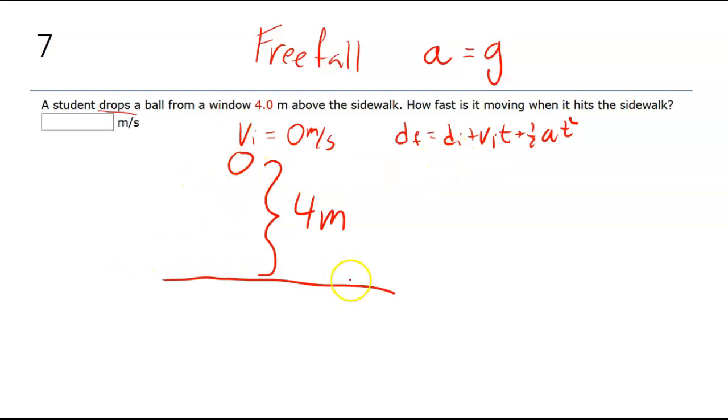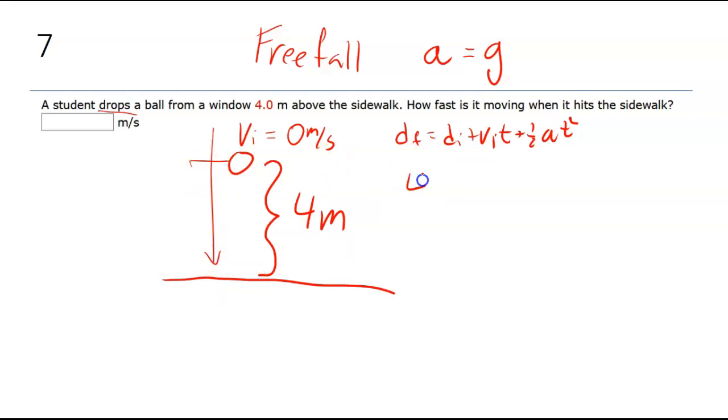If I had a coordinate system where I said that my final position was 4 and my initial position was 0, right? Let's just choose my object to be the center of my origin and downward to be the positive direction.